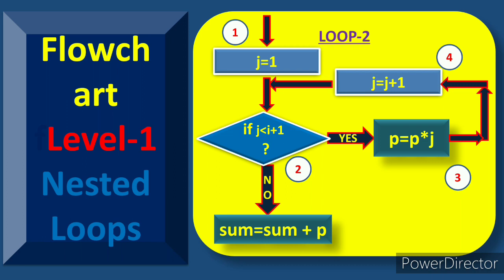So when j is 1, the loop is repeated once, so p will be 1. But when j is 2, p will have p into j, that means 1 into 2. When j is 3, p will ultimately store 1 into 2 into 3, and each time the ultimate values are being stored in sum.